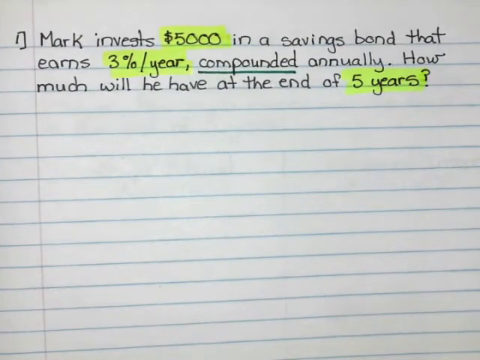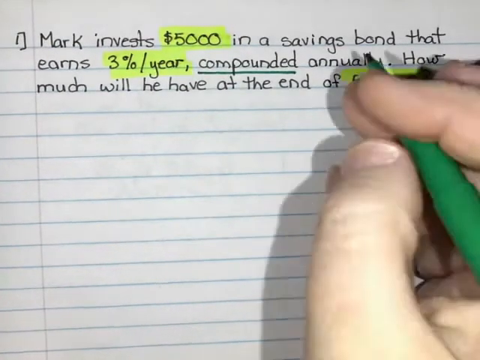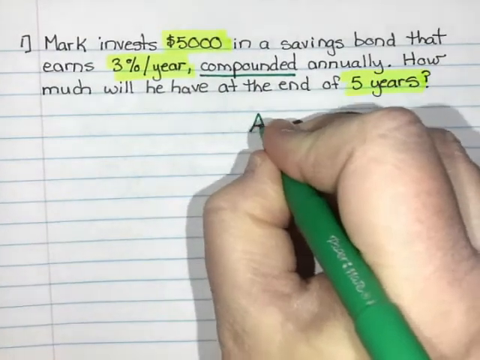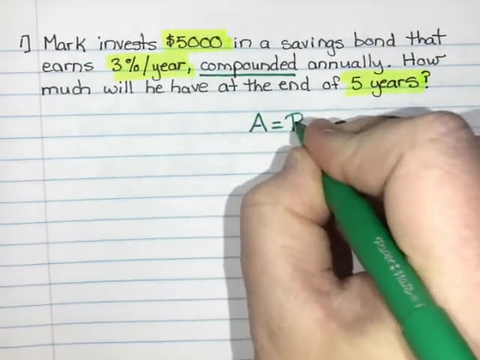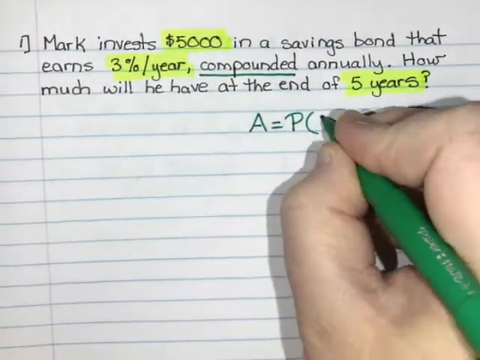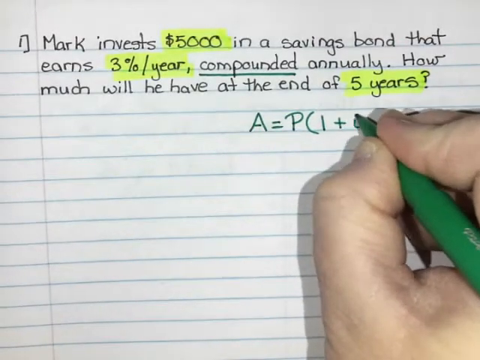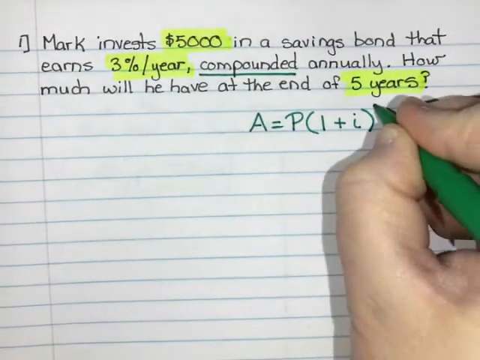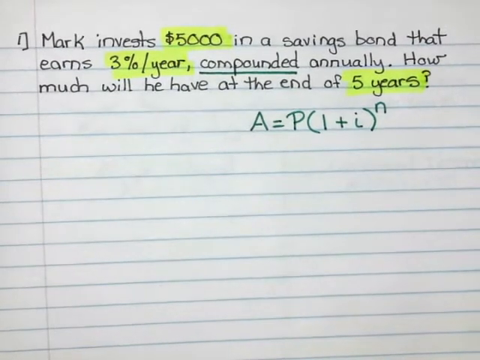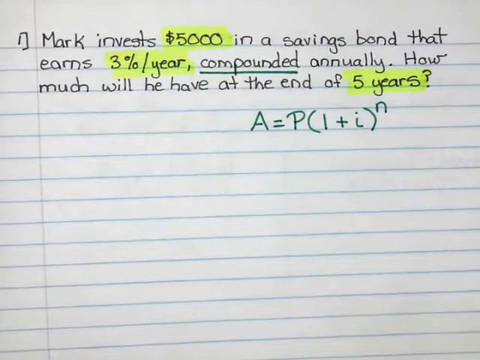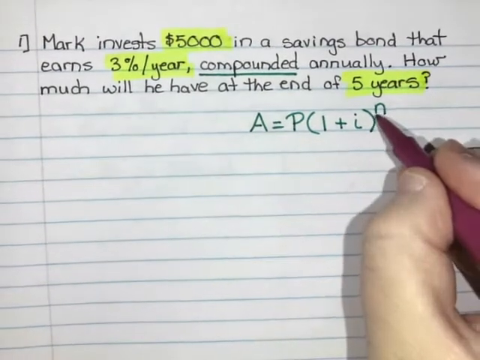So the formula that we talked about for compound interest is A equals P times, in a bracket, 1 plus I, close the bracket, to the power of N. Now, when you're doing this in a Google form, which you are doing right now, you can't do an exponent.